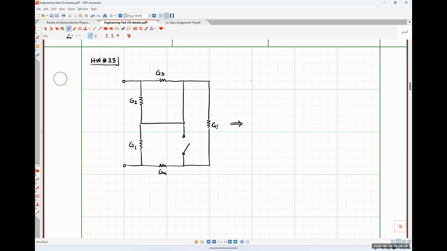So we could replace every conductance in our circuit by simply doing 1 over the conductance to give us some resistance value, right? So we could replace G2 with a resistance R1. We could replace G3 with a resistance R3.